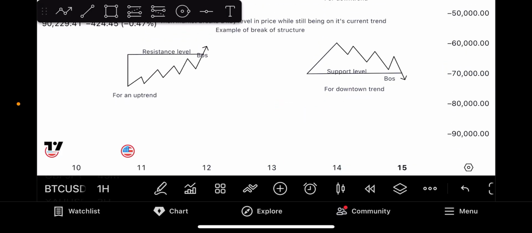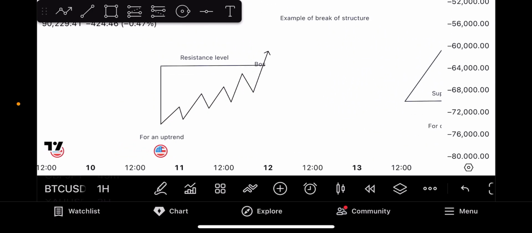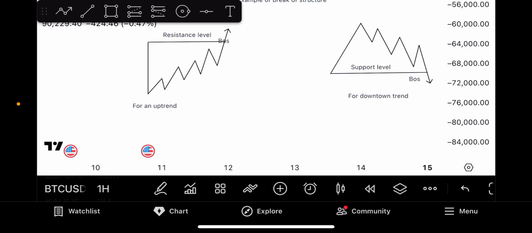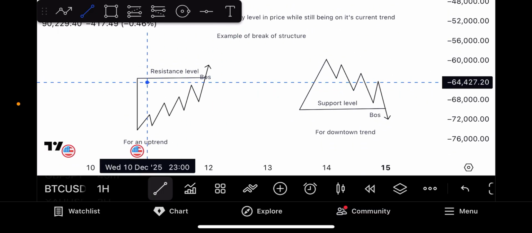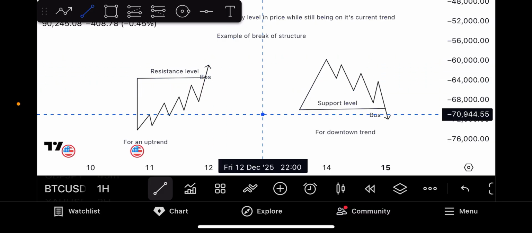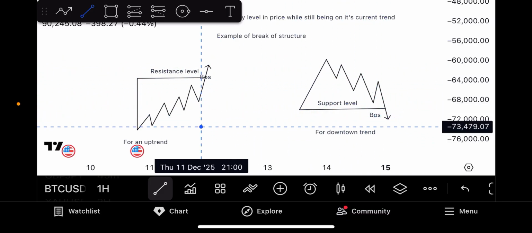BOS. So this is a break of structure for an uptrend and a break of structure for a downtrend.